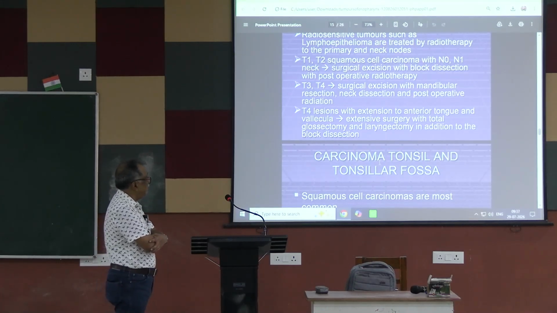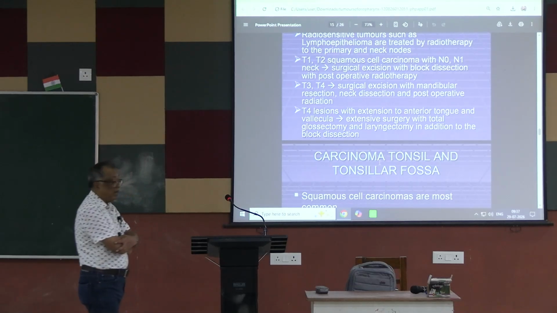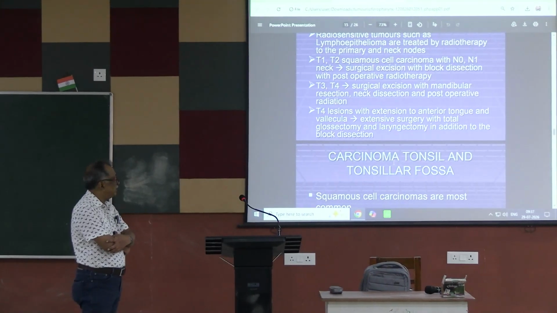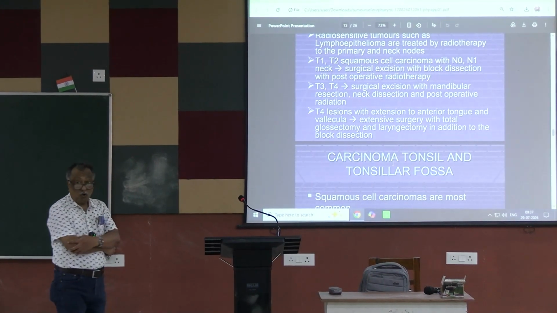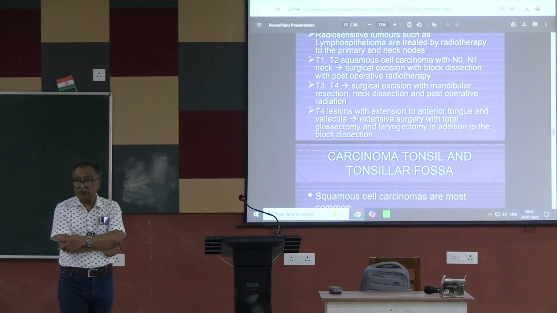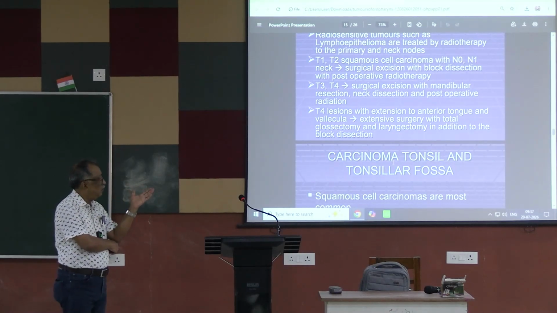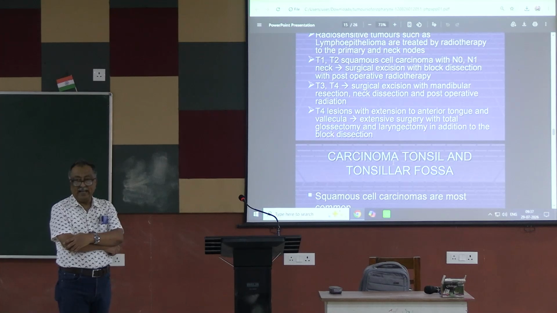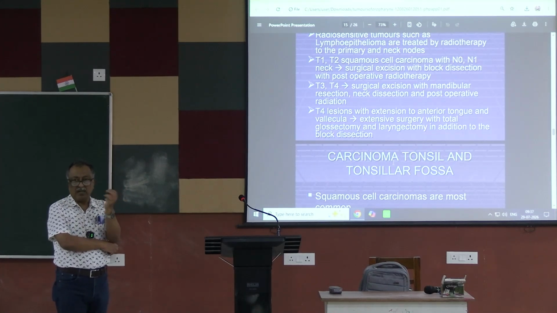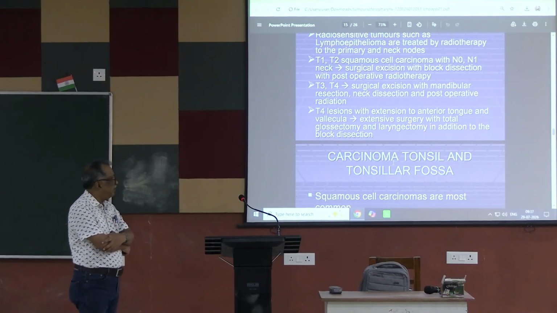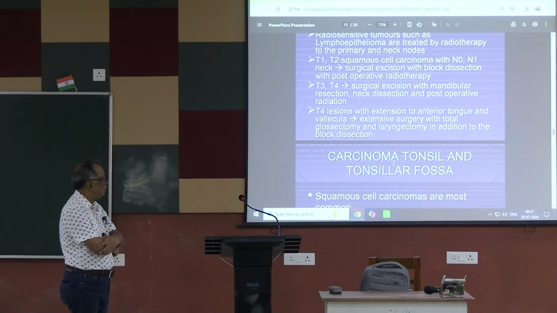When the lymph gland is palpable and by biopsy it is proved to be a metastatic lymph gland, we go for block dissection. And not only block dissection: with suspicion that it may be present on the opposite side, or if there are non-palpable, unremarkable nodes, then we go for radiotherapy. T3, T4 is almost at the stage 4 level.